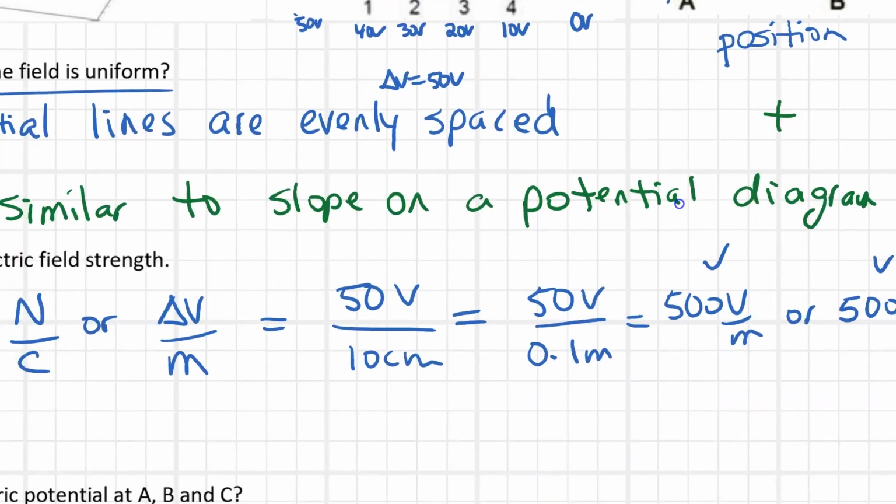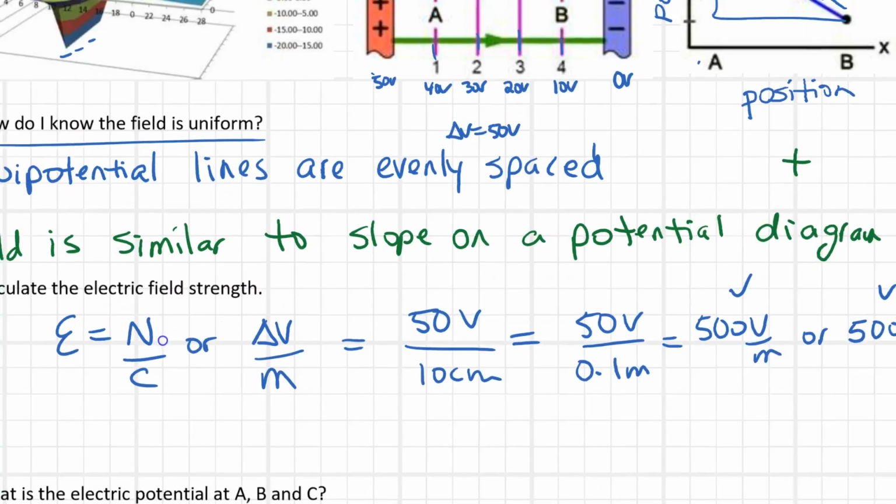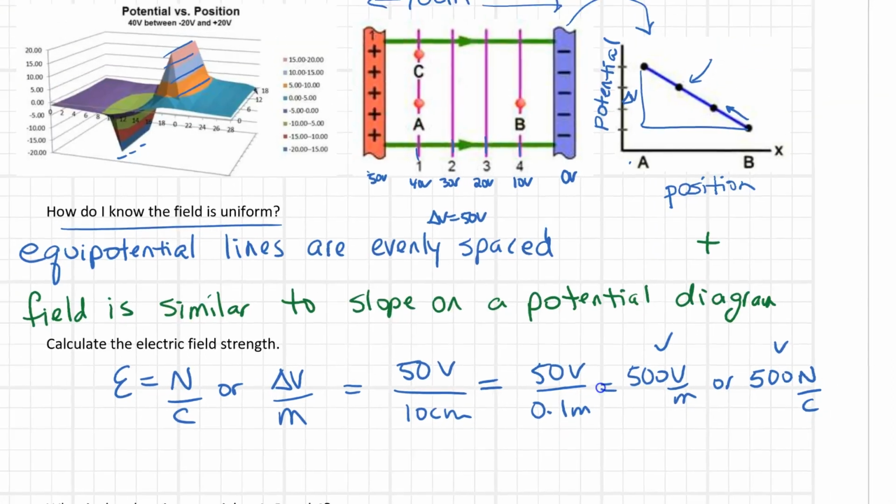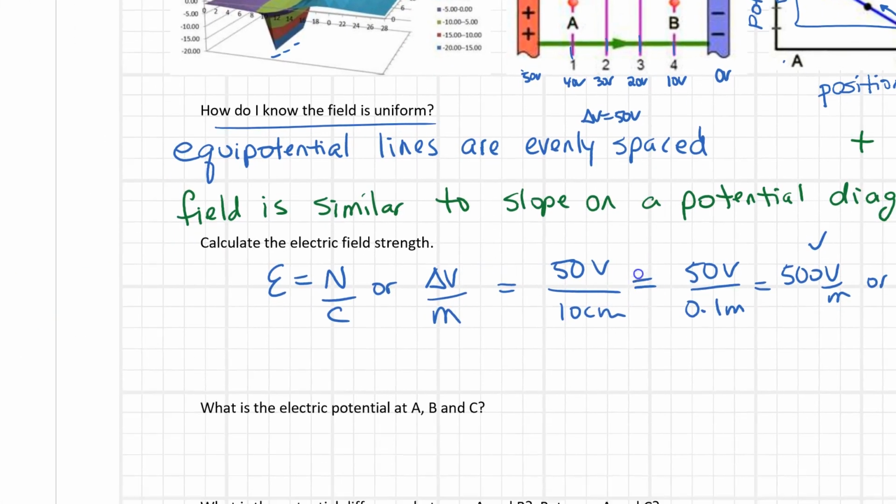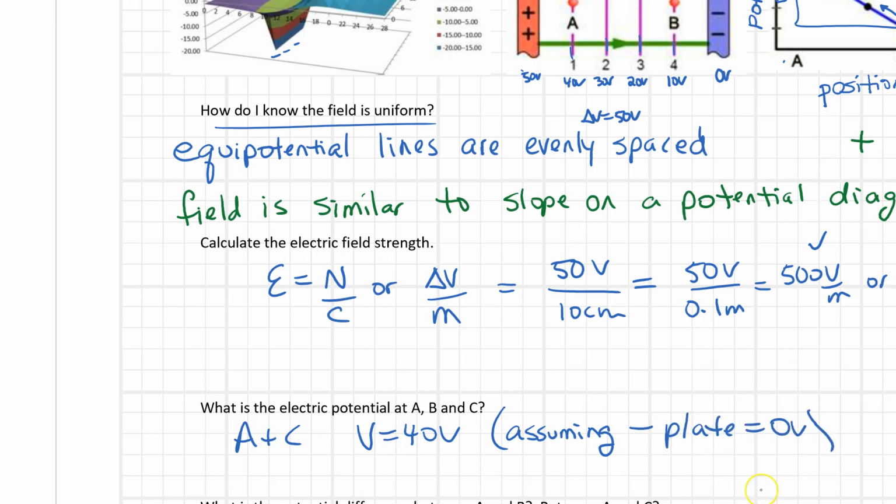So what was the question again? It said, what is the electric potential at A, B, and C? Well, now that we made our diagram, it's kind of easy to figure it out. We can say at A and C, the potential is equal to 40 volts, assuming that the positive plate, the negative plate equals 0 volts, right?